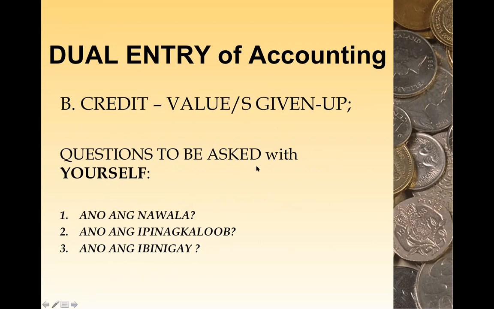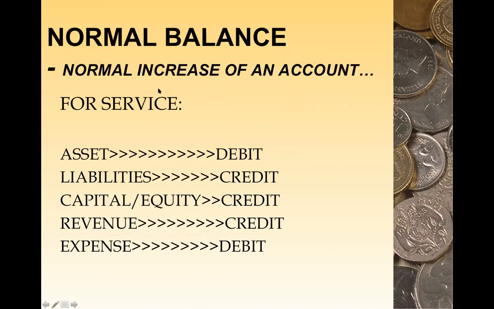Aside from the dual entry of accounting, one technique for you to be able to make a recording sa iyong journal entries ay ang tinatawag na normal balance. Ang mga account title ay may normal balance. So, ano ang ibig sabihin niyan? It is also known as the normal increase of an account.